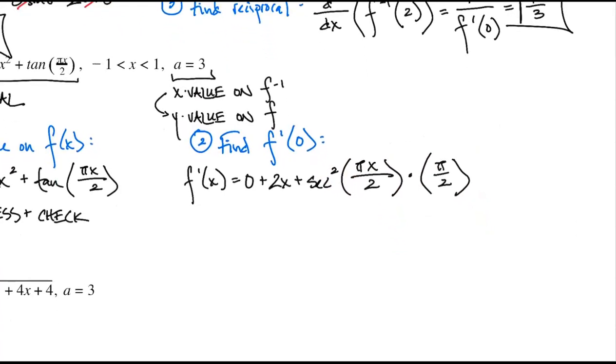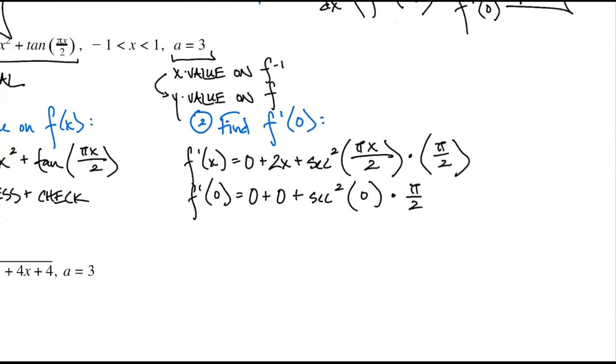So we found our derivative, now we're gonna plug in 0. So I'm gonna get 0 plus 0 plus secant squared of 0 times pi over 2, okay? Yeah, all right. Now, this part, I do expect that we know how to evaluate that by hand, okay?